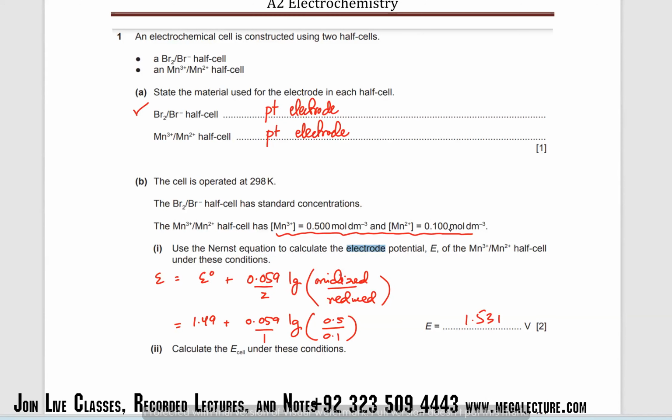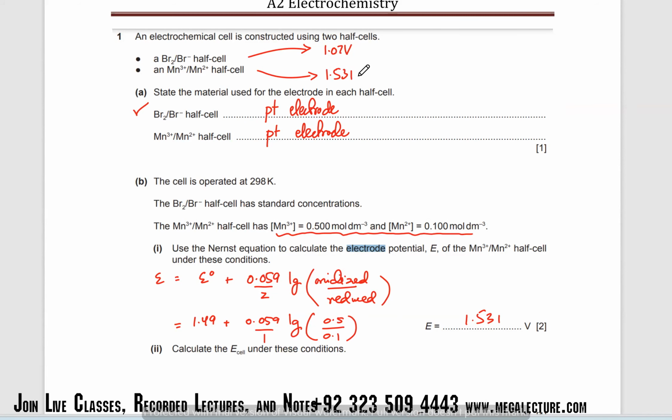Now he's asking for E naught cell under these conditions. The bromine one we already knew, in the data booklet it's 1.07 volts. The other one, under non-standard condition, is 1.531. So it's going to be reduction, higher gains, lower loses, right?